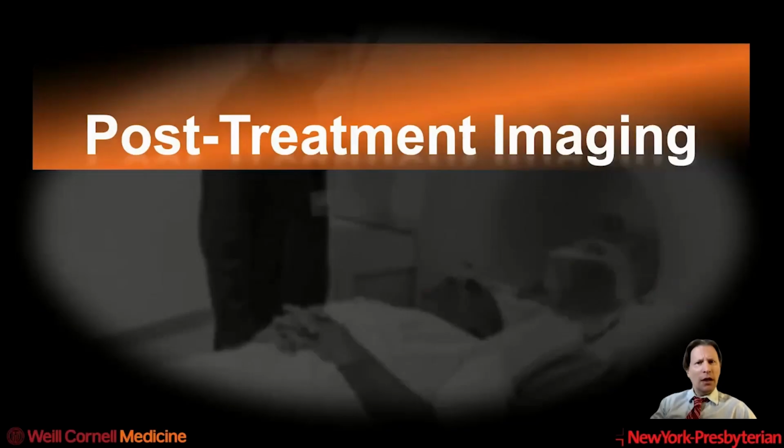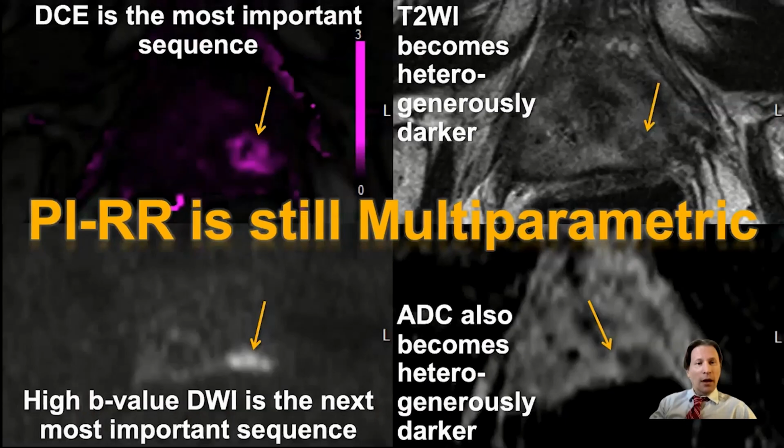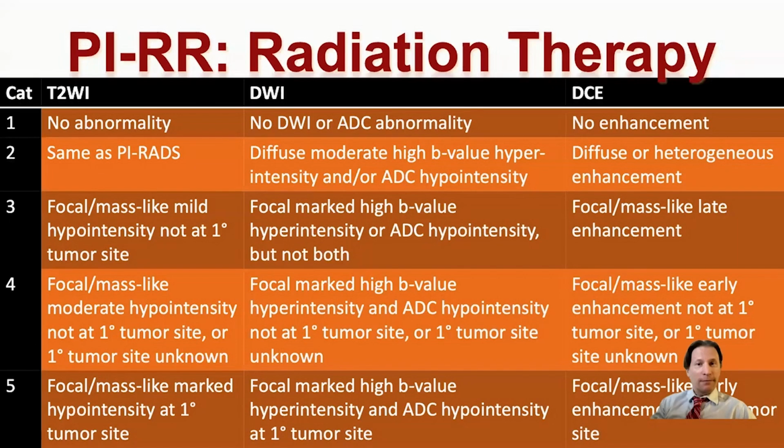So the first thing is to reiterate post-treatment imaging. As you know, PI-RADS is designed for assessing primary significant cancer, meaning untreated cancer. The prostate imaging for recurrence reporting system focuses primarily on dynamic contrast and high B-value DWI rather than T2-weighted imaging and ADC, as is important in PI-RADS.